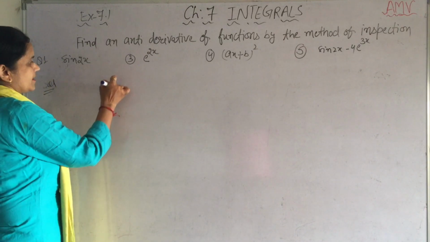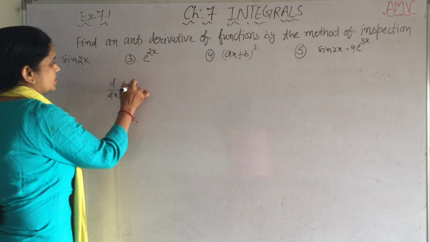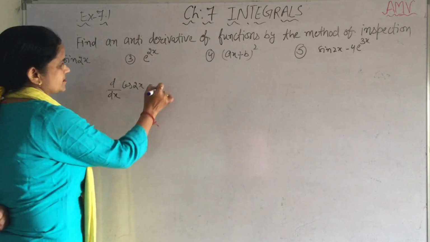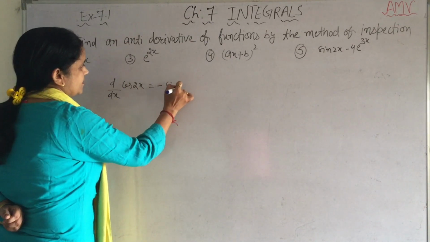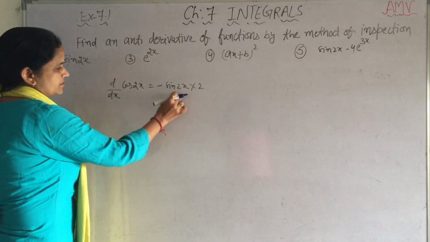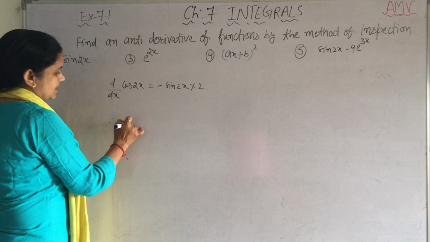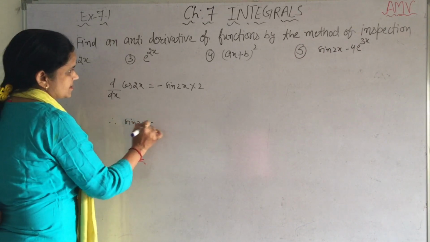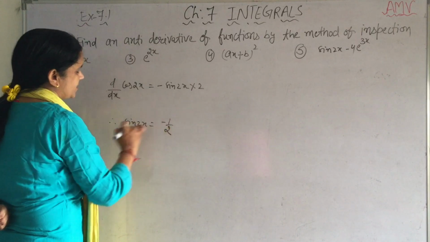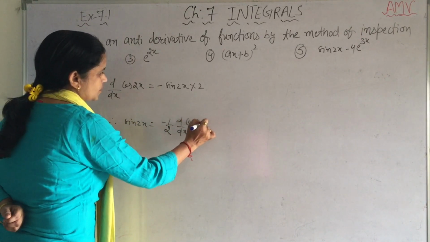So you can write d by dx of cos 2x is minus sin 2x into 2, by the chain rule. Then sin 2x is equal to minus 1 by 2 d by dx of cos 2x.